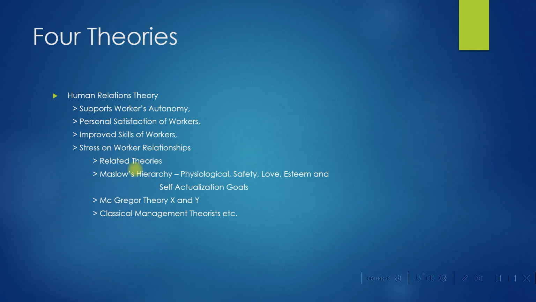But the classical management theorists proved that this is not the case. Hence, while Taylor and associates continued with standardization, others stated that the neoclassical theory of management is a better theory. So that is the difference among the theories related to human relations theory.